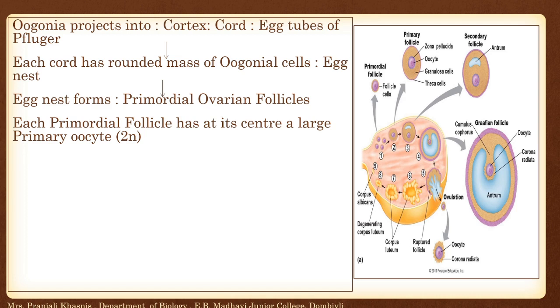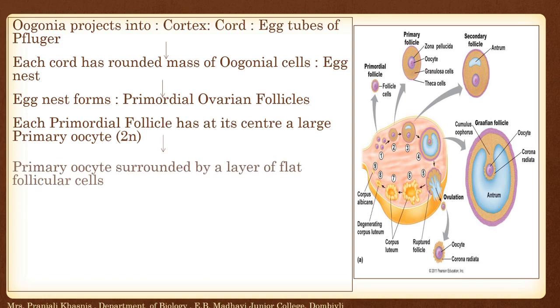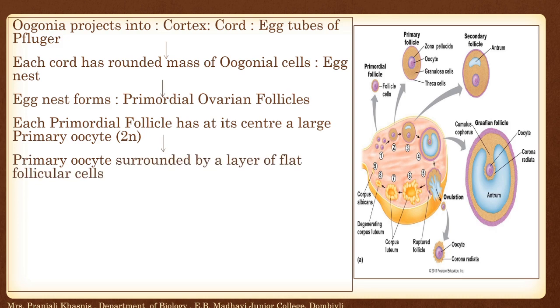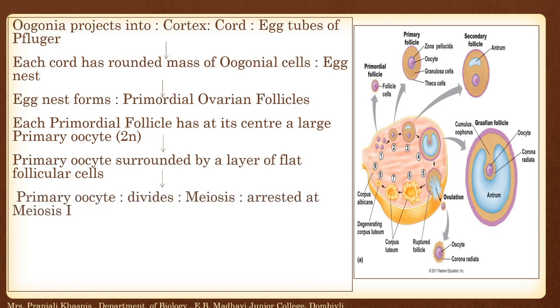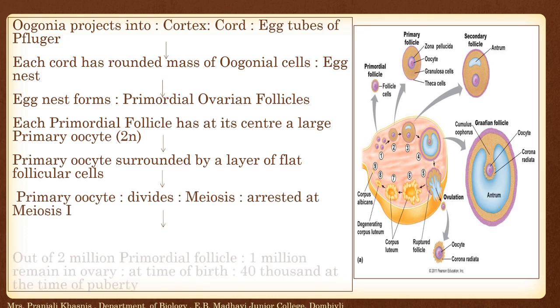Each primordial ovarian follicle has at its center a large primary oocyte, which is a 2N diploid structure. This primary oocyte is surrounded by a layer of flat follicular cells. The primary oocyte then divides meiotically and gets arrested at meiosis 1.